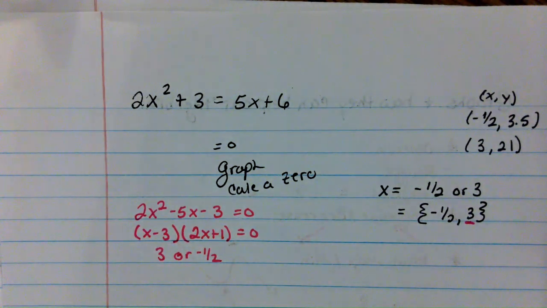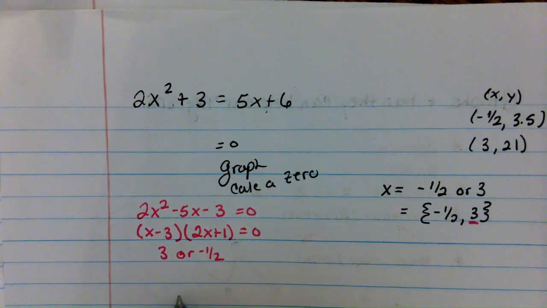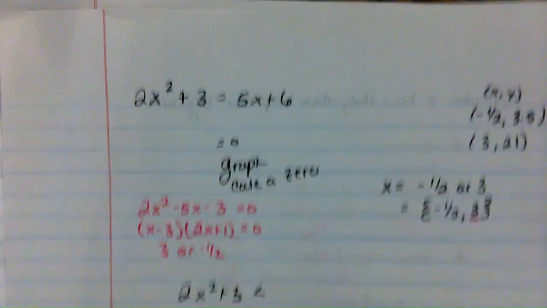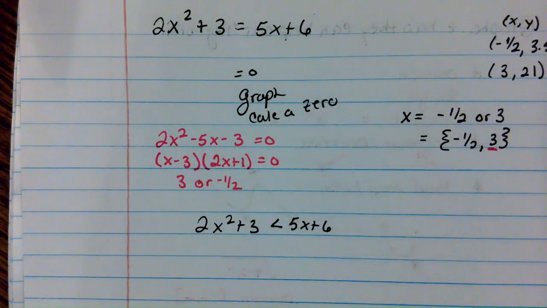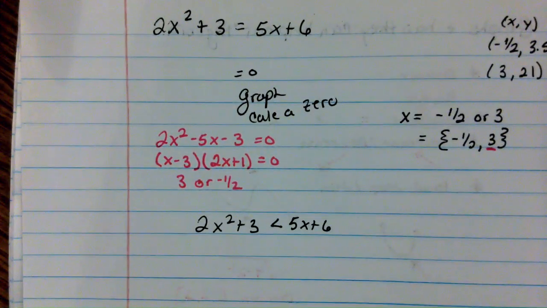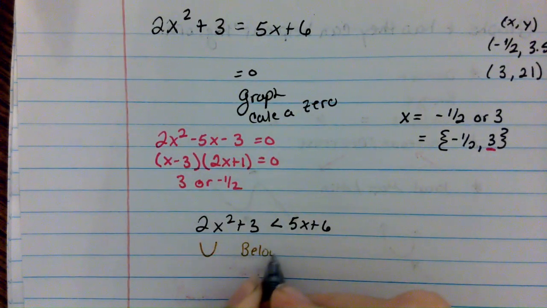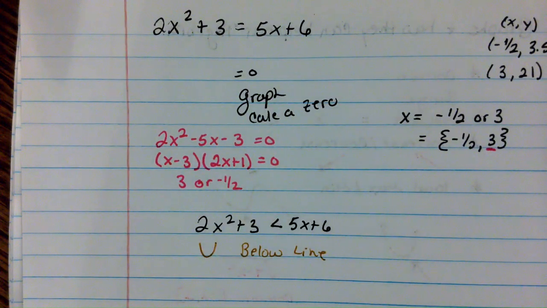Okay, what if they changed it though? What if they said 2x squared plus 3 is less than 5x plus 6? Well, if you did it the first way, they want to know when is the smiley face below the line. I don't like doing it that way.